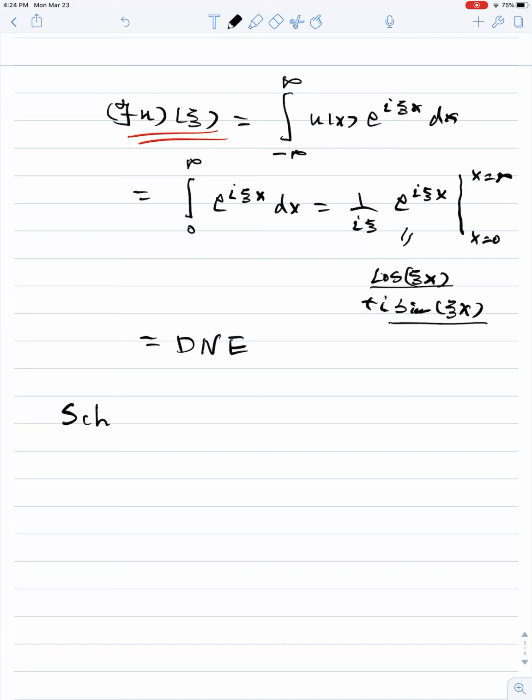What is a Schwartz class of functions? Schwartz was a French mathematician, and he was awarded a Fields Medal because of his work in this area. A Schwartz class is a class of functions, usually denoted by a script X, that we call rapidly decreasing functions.